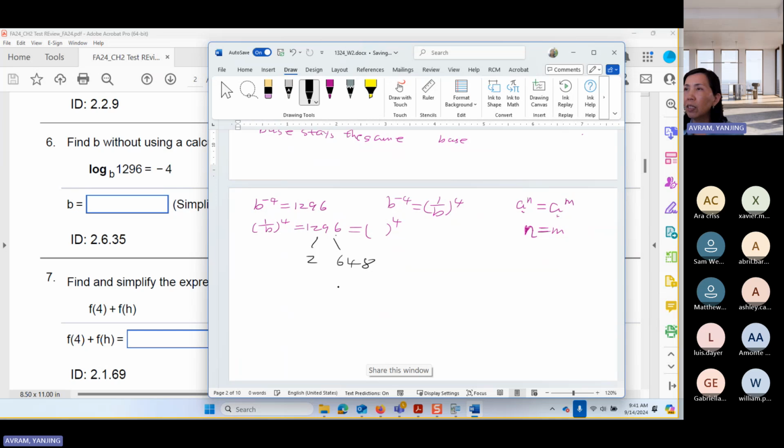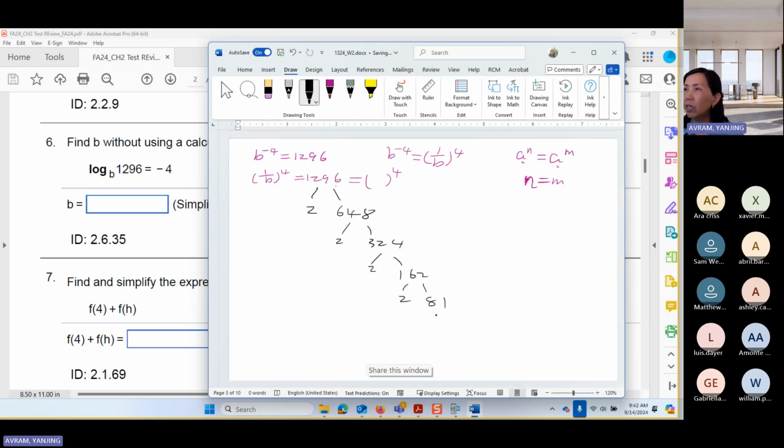Is that right? Anyone have a calculator? You can double check me. All right, and then if I divide it by 2 again, what do I get? 324. If I divide it by 2 again, 162, right? Divided by 2 again, I got 81.